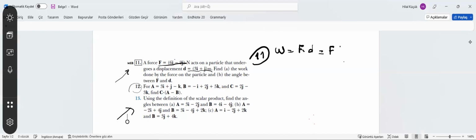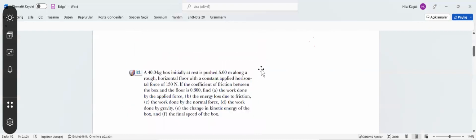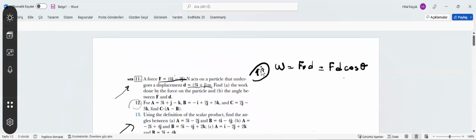If there is angle information, I need to write F D cos phi. But now there isn't any angle, but I have F and D, so I will multiply as I did on question 12.